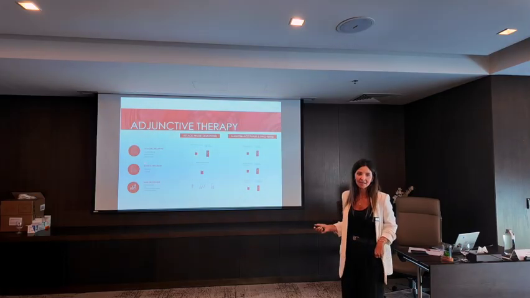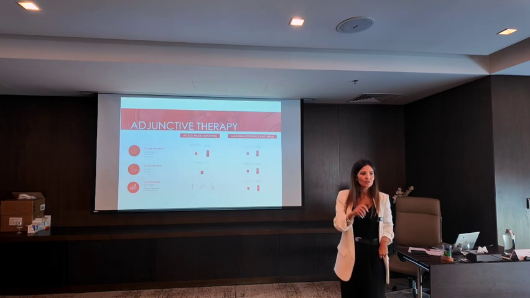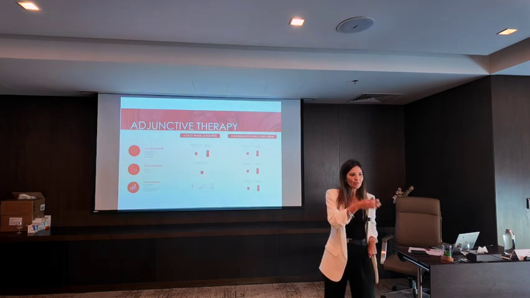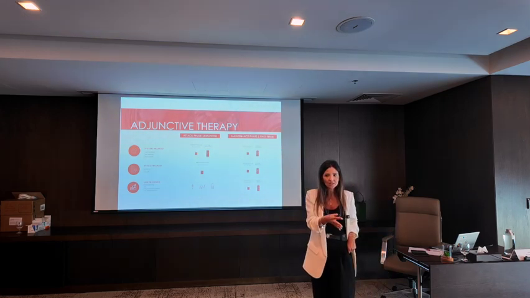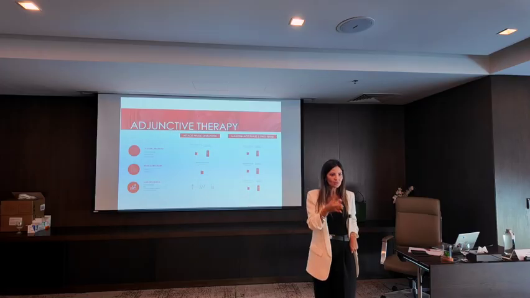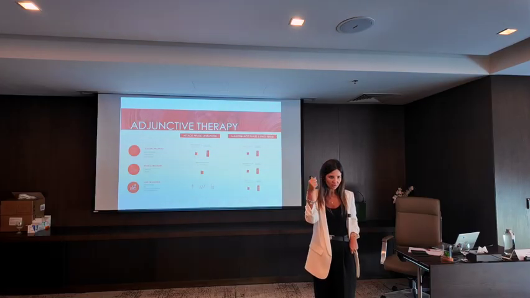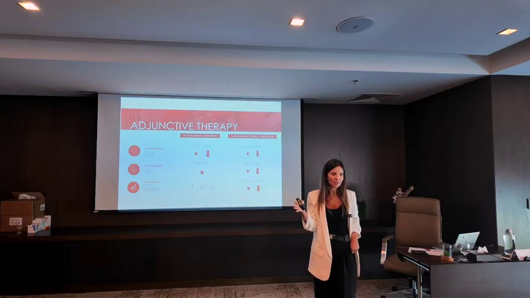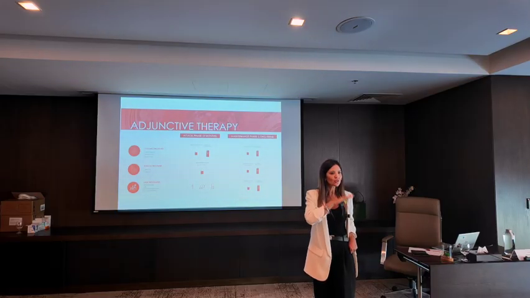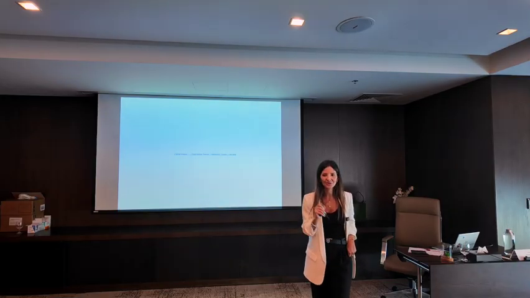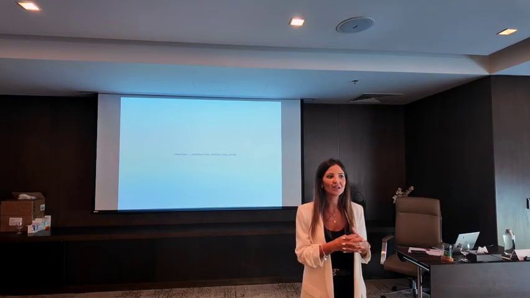In the attack phase, and in the maintenance phase whenever they stop the treatment, you recommend to use the energizing shampoo with the regrowth solution. The shampoo, you use 2 to 3 times a week. The solution, you use 5 to 7 times a week, either on wet or dry hair. Okay? Voila. That's all.